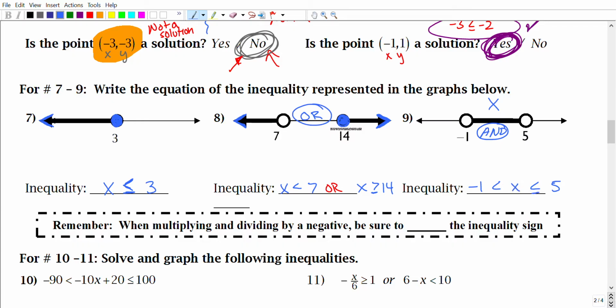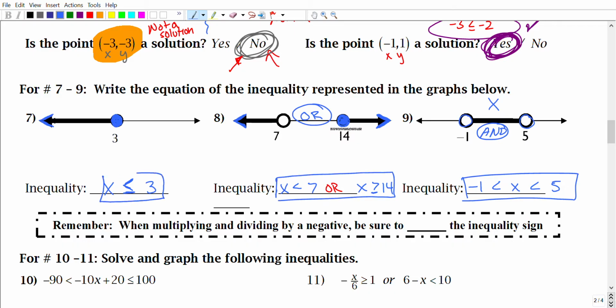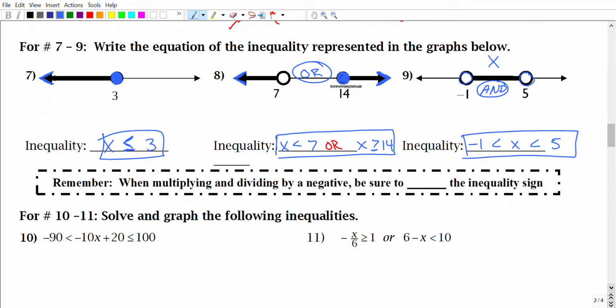Well, let's see. This is just an open circle. This is just an open circle. So no need for equal to signs underneath any of those. So this right here is our final answer. So go ahead and circle in all your answers here. And hopefully if you did move on ahead and now you are looking at this part of the video, you can verify that you got your answers correctly.